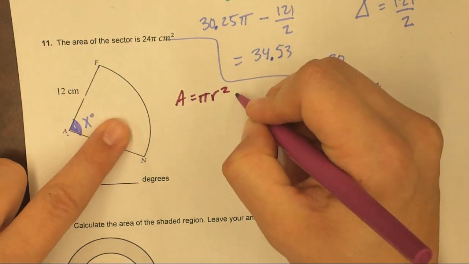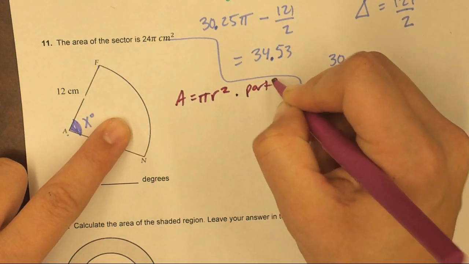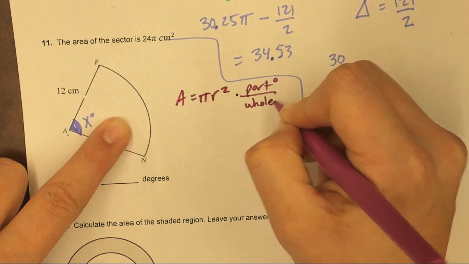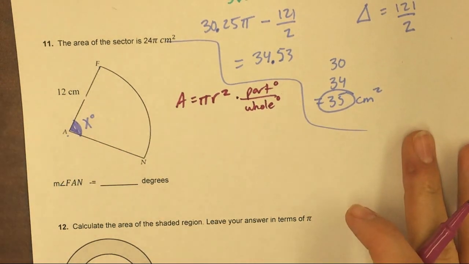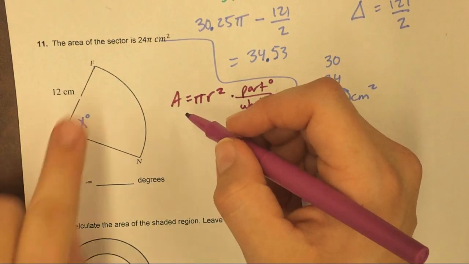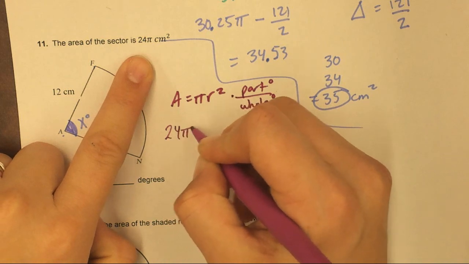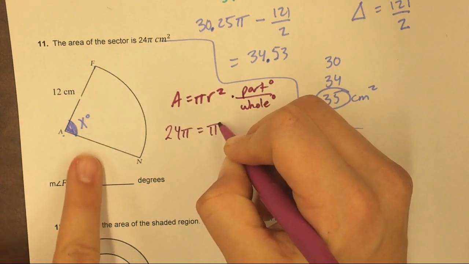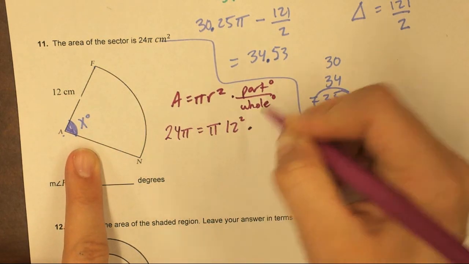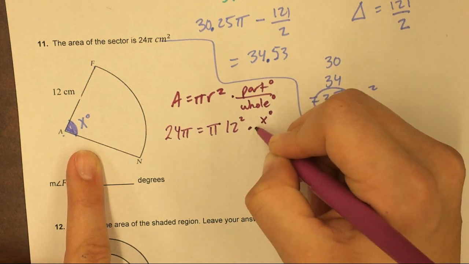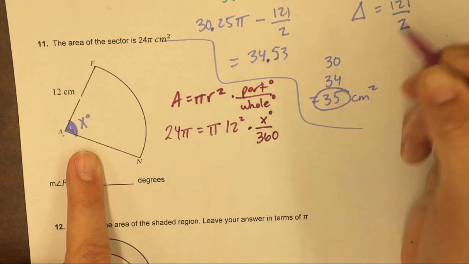If I want the sector, you multiply by the part degree over the whole degree, which is 360. So the area, 24 pi, goes over here. It's equal to pi times your radius squared, which is 12 squared, times the part, and we don't know how many degrees that is, over the 360 degrees in the full circle.